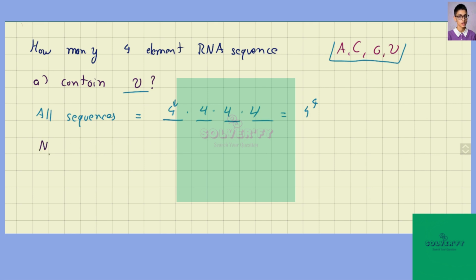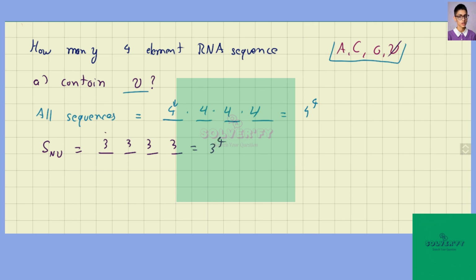The sequences that don't have a uracil: we have 4 positions, but now instead of 4 possibilities we have only 3, because we are eliminating the possibility of putting the uracil in the sequence. So we have 3 times 3 times 3 times 3, which is 3 to the 4th power.